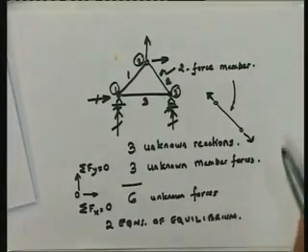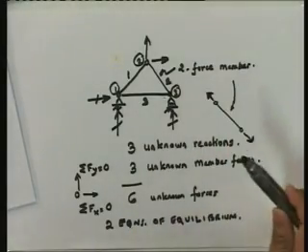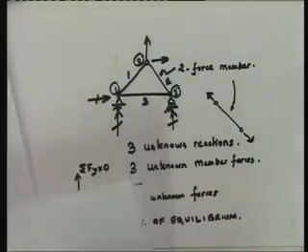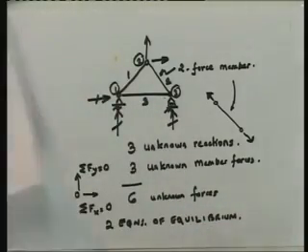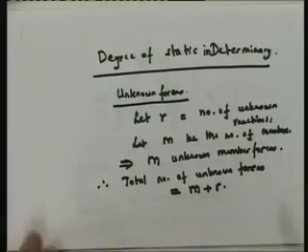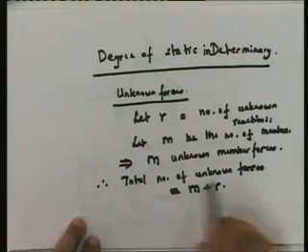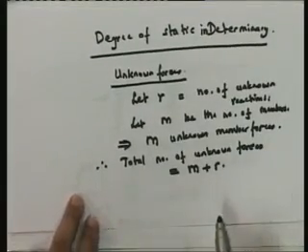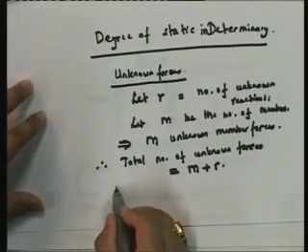In this particular case, it is in the plane of the paper. So, that is a planar truss. So, now I am looking at planar trusses. So, when you have a planar truss, you have a total number of unknown forces equal to M plus R. What are the total number of equilibrium equations?